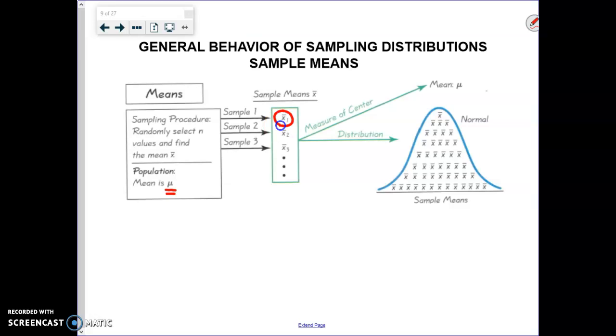We take another sample. This is what each of you were doing when you were generating samples of the same size before you left class. Sample 2, we get its mean. We take sample 3, we get its mean. Now remember, all of these samples have to be the same size. You can't have a sample of 20 and then a sample of 3. They'd all have to be the same size.